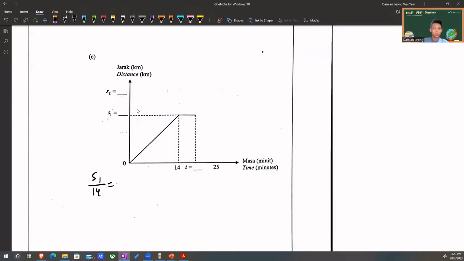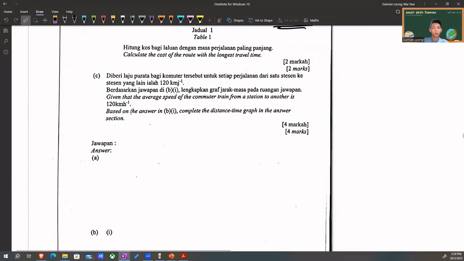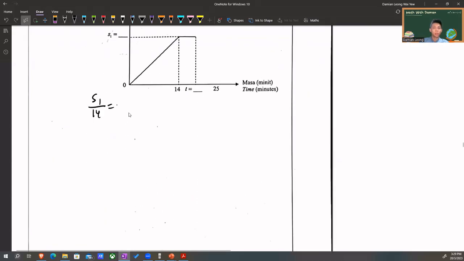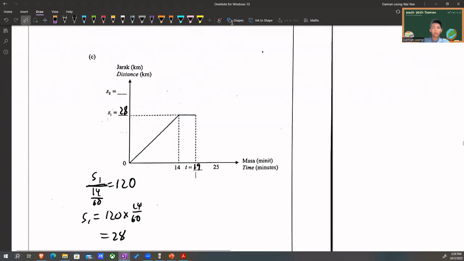Sorry, 120 km per hour. Yeah, per hour. So this 14 has to be over 60 because minutes I have to change to hours. So 120 times 14 over 60, 28. So this is 28 km. Yeah. This time should be 5 minutes. So 19. Yeah. Then it basically goes up.